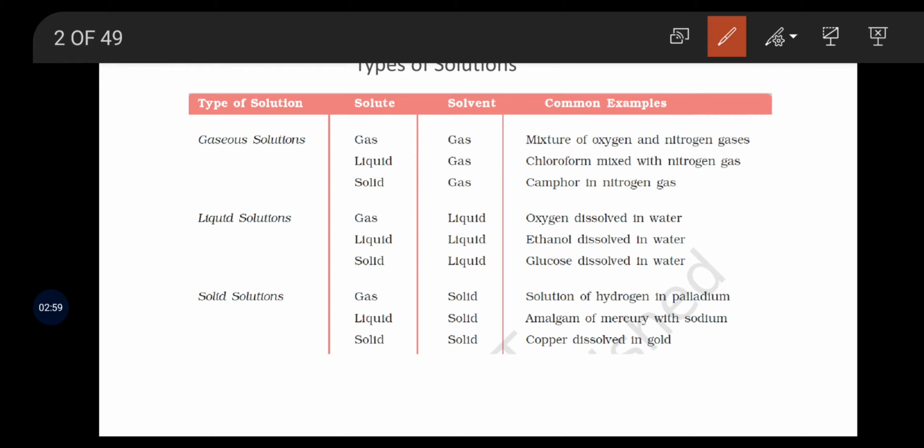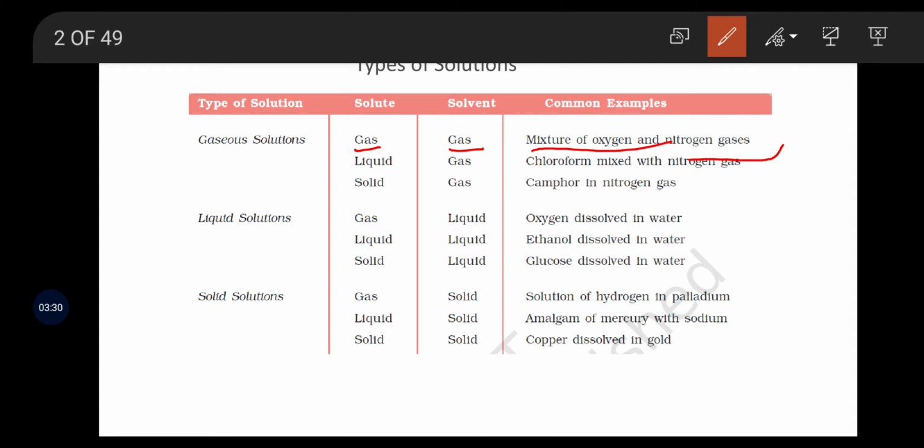I will take the gaseous solution first. In this solution, we take the solvent as a gas. Now, if gas dissolves in gas, the solution will be gas in gas. For example, a mixture of oxygen and nitrogen gas.